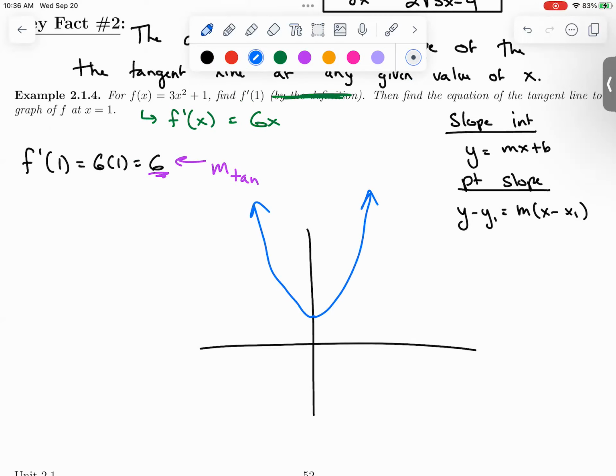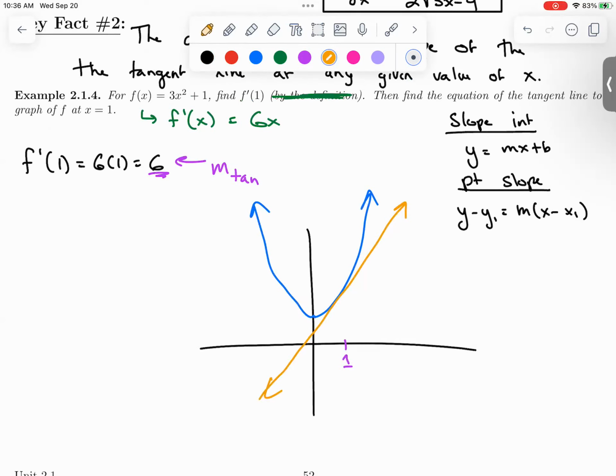And here, let's just say here's 1. Now my graph is not drawn to scale at all, but if I were to draw the line tangent to this curve, by rough sketch, this would have a slope of 6. That's what this is telling us. So when you plug 1 into the derivative, it gives you the slope of this line.